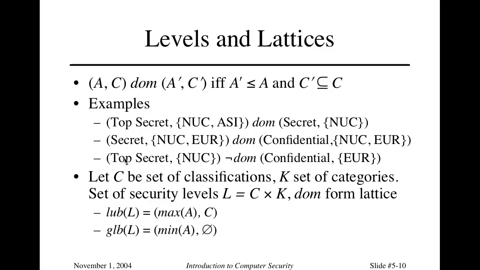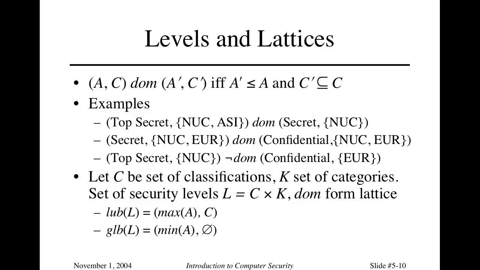Even though the left one is top secret and the right one confidential, when we look at the categories, the right one is not a subset of the left one. They don't have any overlap, so neither category set is a superset of the other. So none of them dominates the other, or we can say they are not comparable.